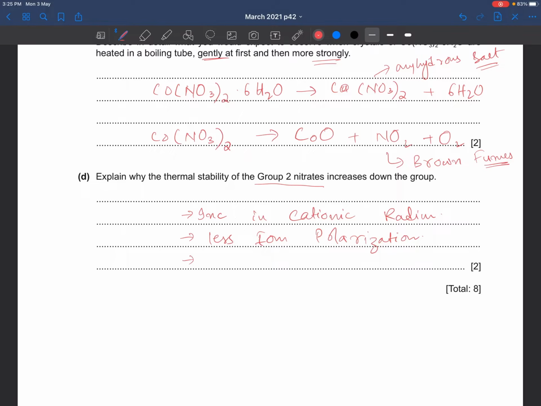And as ionic character increases, the compounds get more thermally stable. All right.